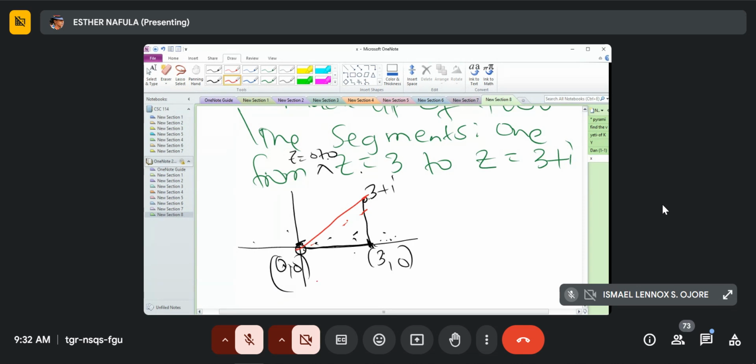But in part B, they want us to break this so that we do it stepwise from (0, 0) to (3, 0), then from (3, 0) to (3, 1).